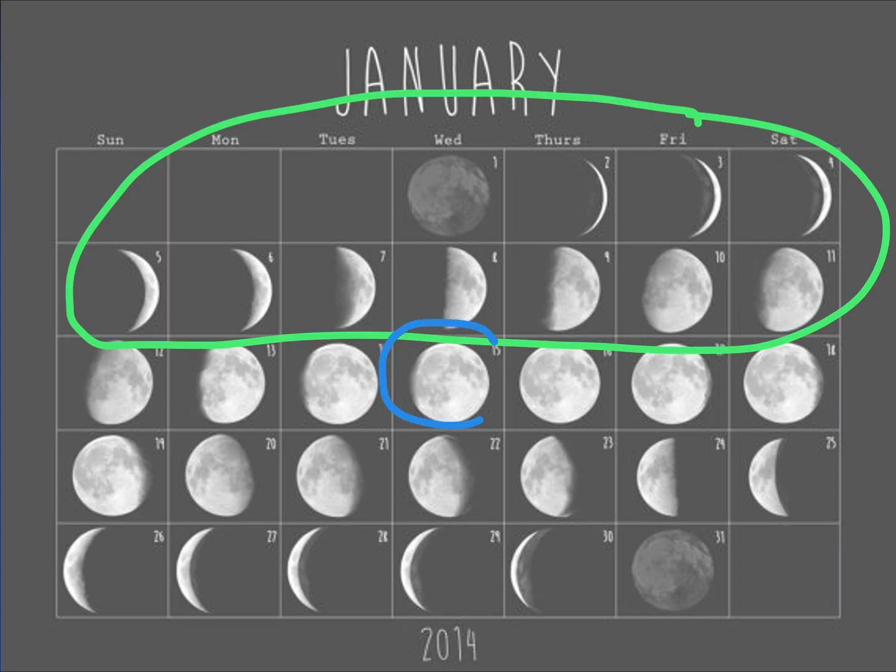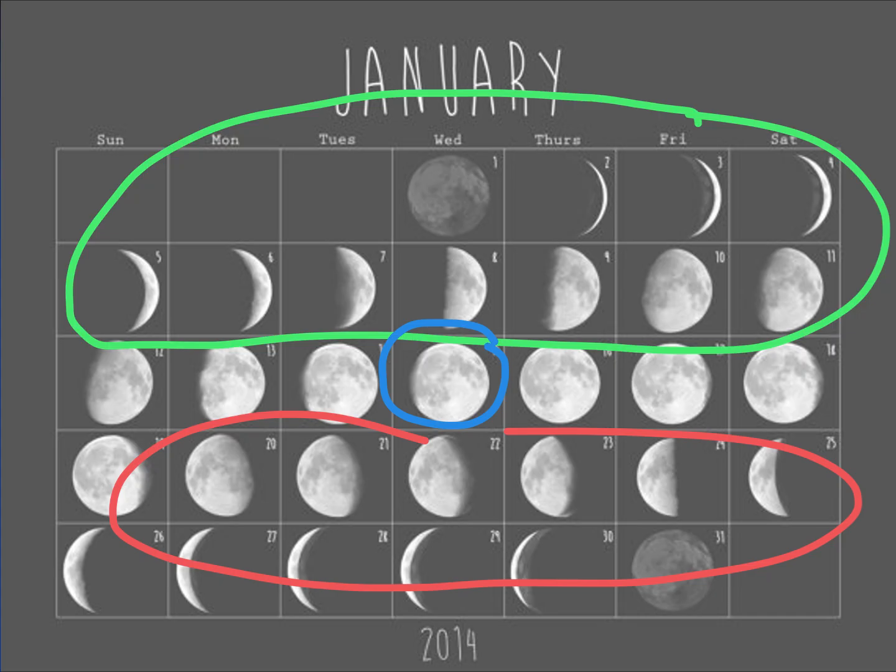After the full moon, the amount of light we see gets less and less, and it's lit up on the left side. It is important to note that the full moon doesn't always occur mid-month, but the pattern always goes in this order and takes the same amount of time.